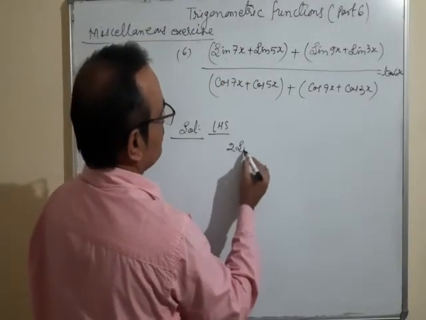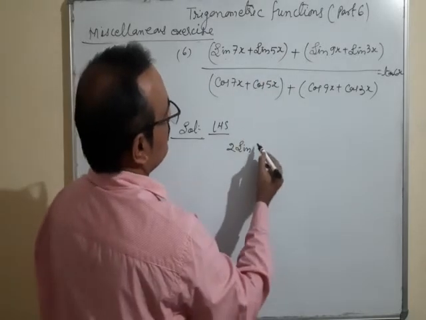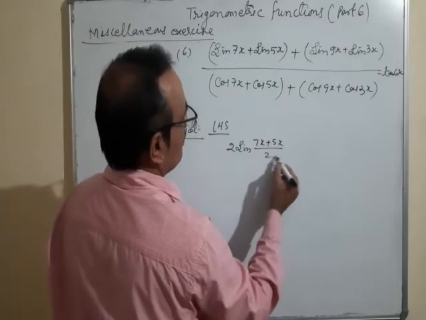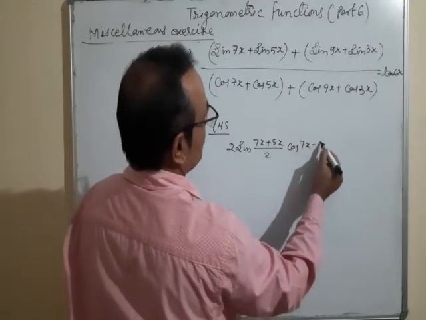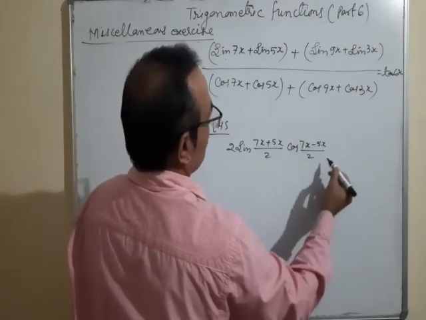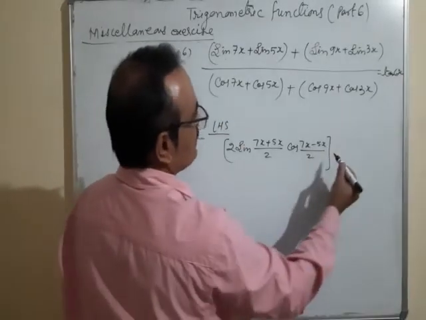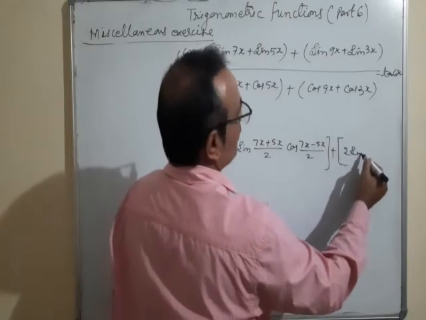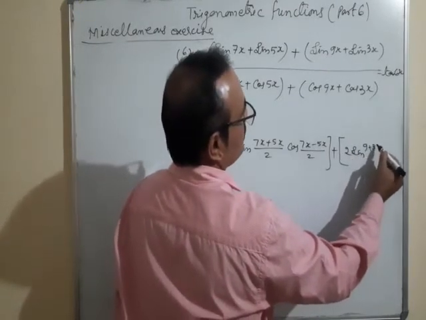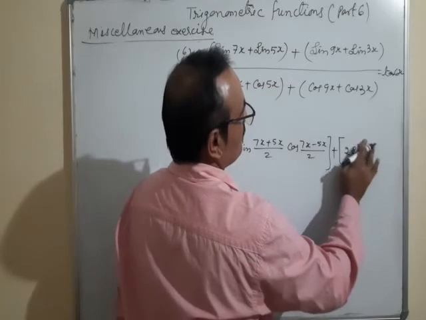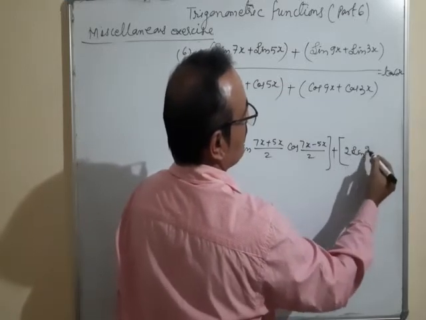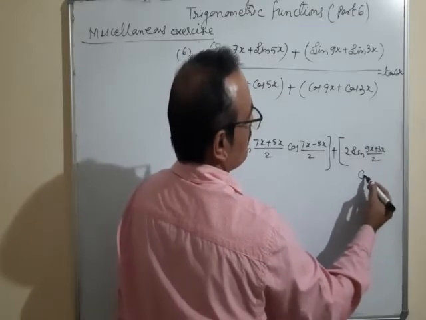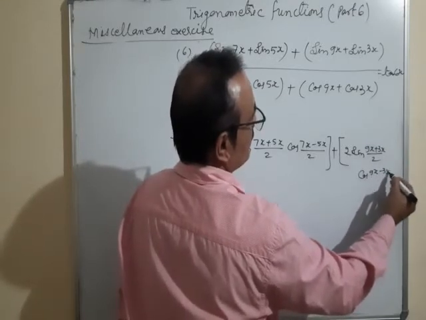So 2 sin (7x plus 5x) by 2 into cos (7x minus 5x) by 2, plus, again sin C plus sin D, 2 sin (9x plus 3x) by 2 into cos (9x minus 3x) by 2.